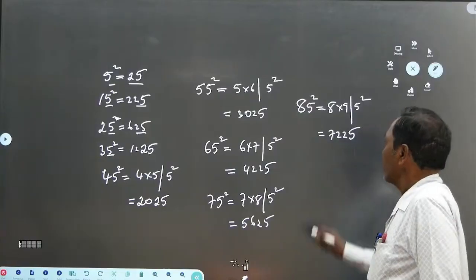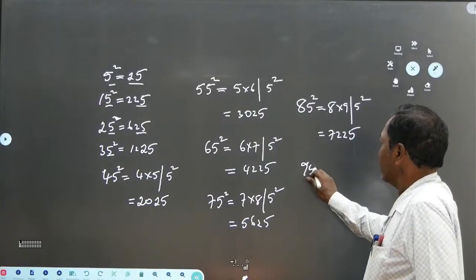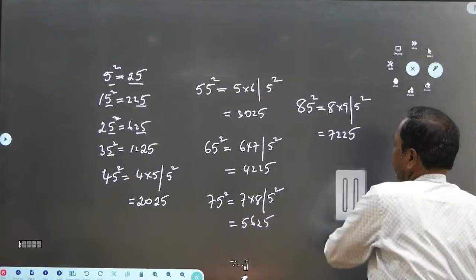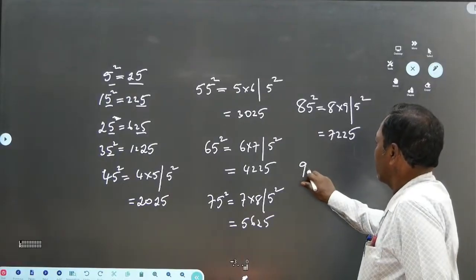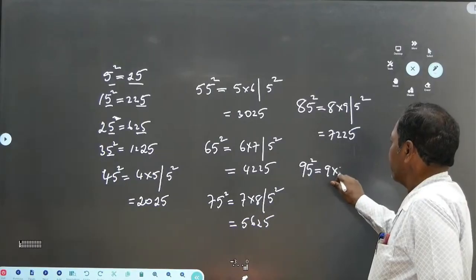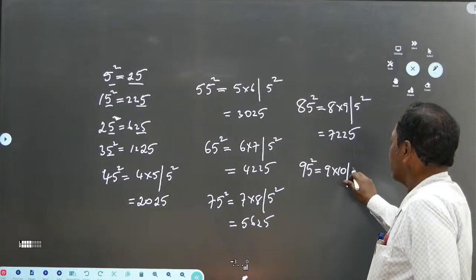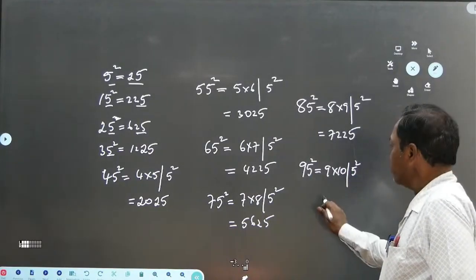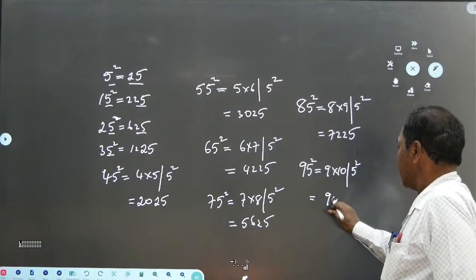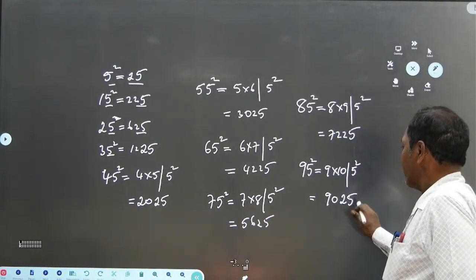Now 95: 9 into 10 first part and 5 square the second part. I think you get the logic, isn't it? See, 90 and 25.